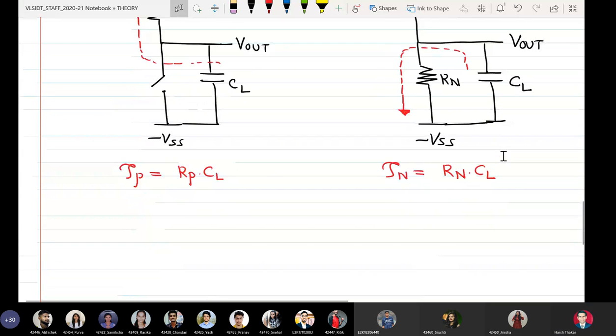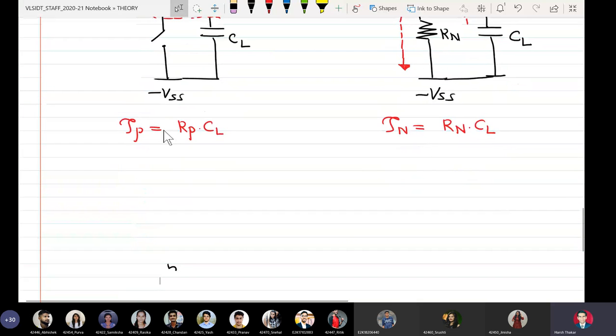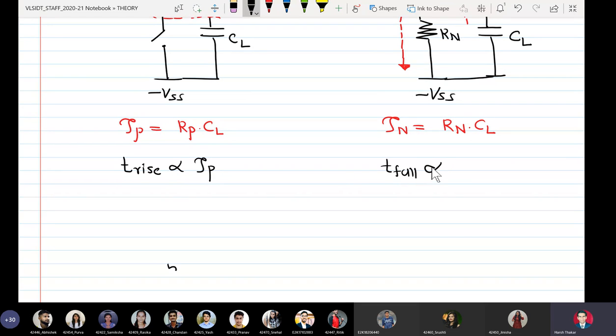Now we can very well say that the rise time is proportional to tau P, and fall time is proportional to tau N. And that is what we want to do.